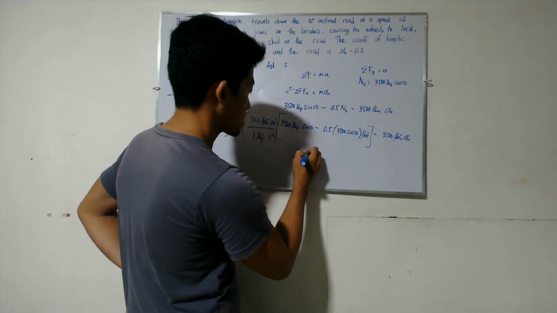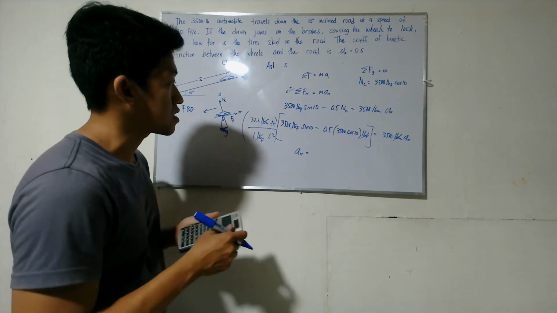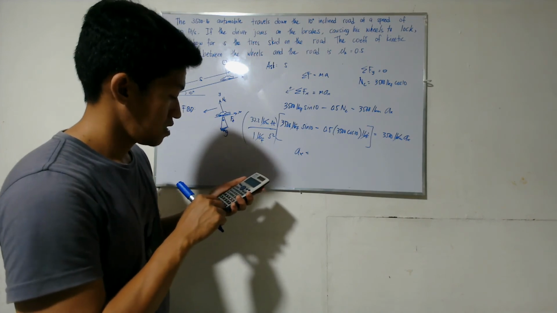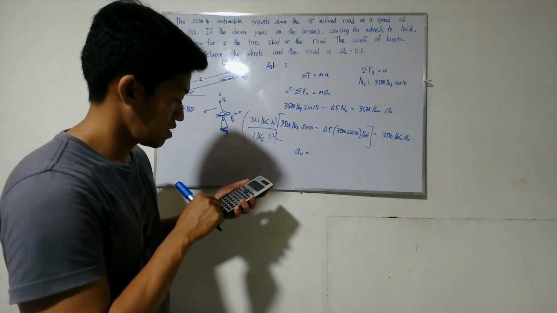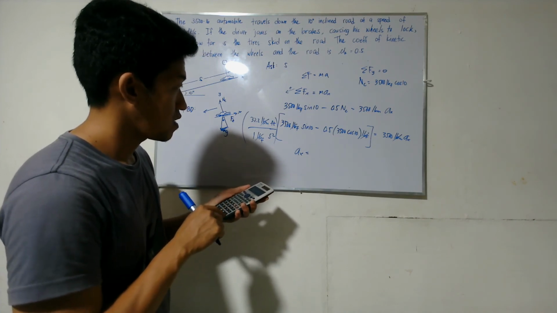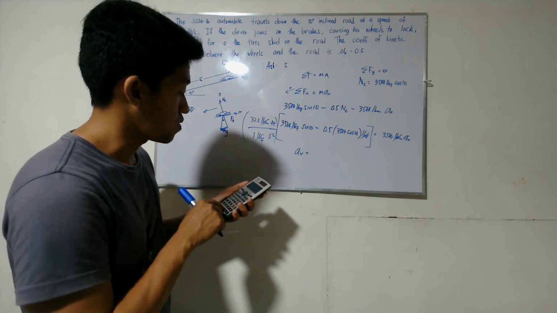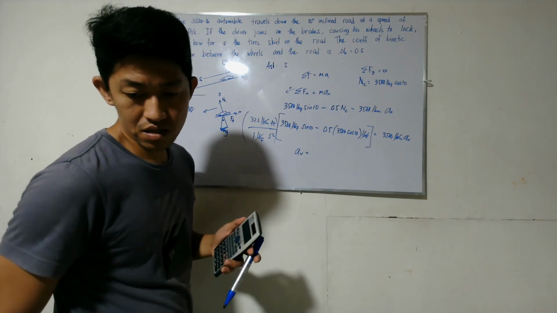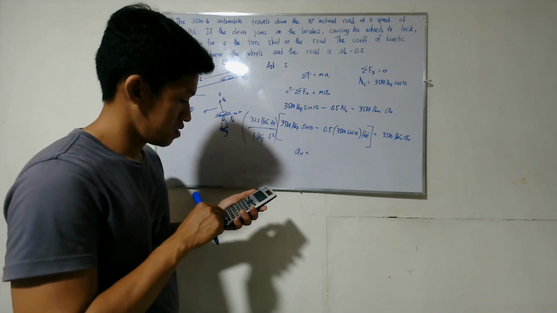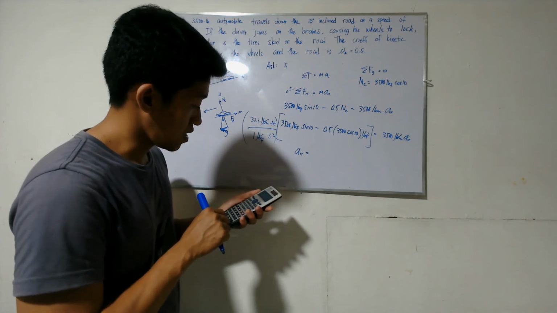So therefore, AX is just 3,500 sine 10 minus 0.5 times 3,500 cosine 10, times 32.2, divided by 3,500.